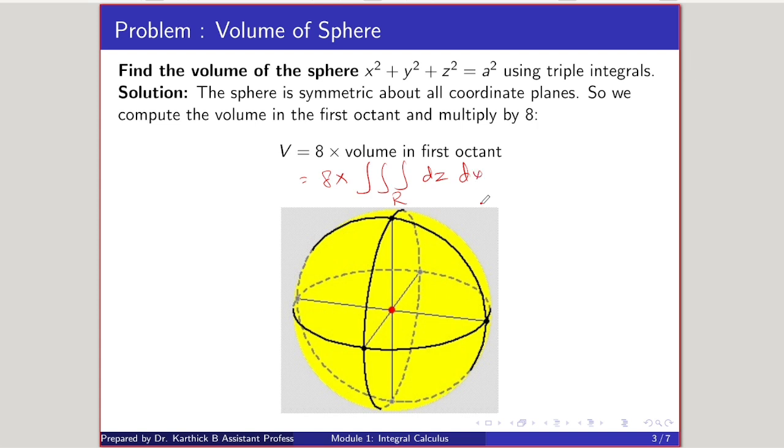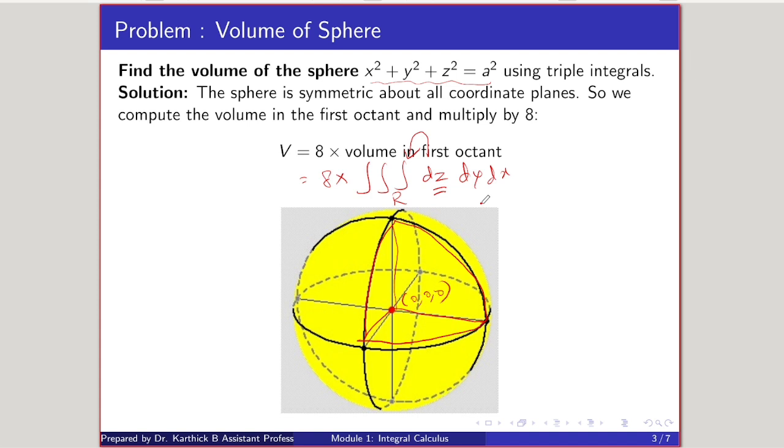dz, dy, dx. If I choose x as that variable, the corresponding limit will be on the outer integral. So how do you find the limits of these three variables? They have given the equation. This is our first octant. This point will be 0, 0, 0.